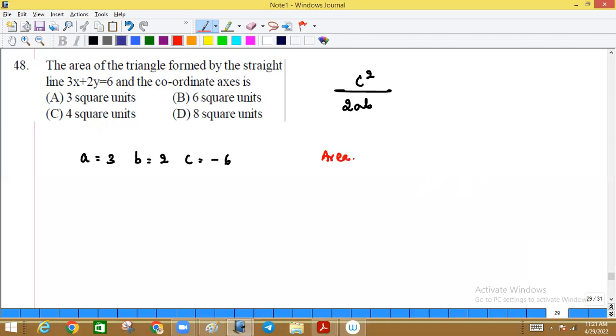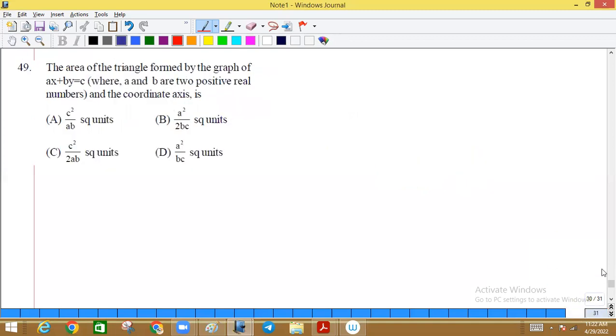Therefore area is equal to 36 by 2 into 3 into 2. 36 by 12. 3 square units. Okay. This is the direct formula. The area of a triangle formed by the coordinate axes and the line is c square by 2ab.